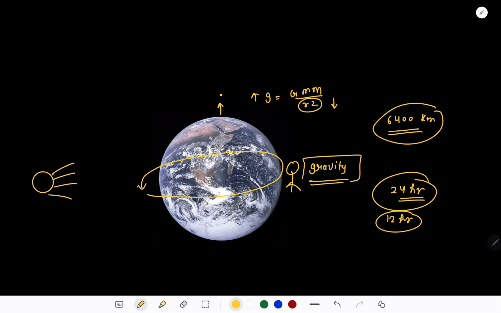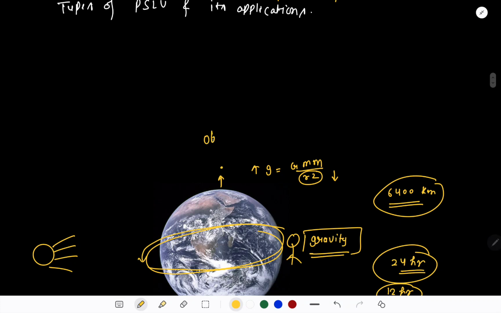Got the point? So for communication purposes, we launch the satellite at the equator, because there we don't need any pictures of the earth. But if we want observation of the earth, observation can only be done in the light.